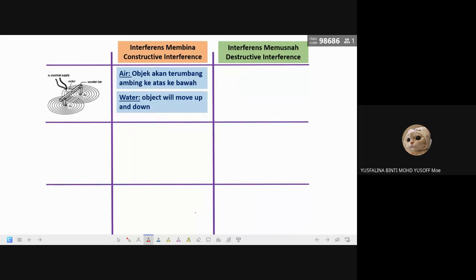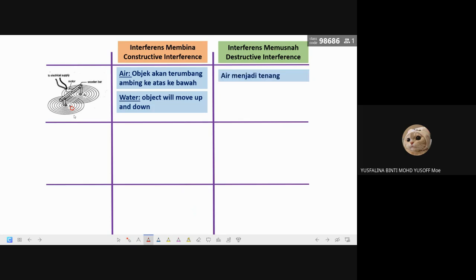Okay, so for the water, it says here for constructive interference, the movement of the object. Let's say I put the ball here. For the constructive interference, if I put the ball at the point where the constructive interference occurs, the ball will move up and down.